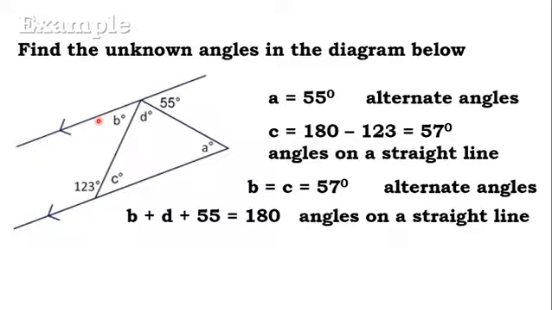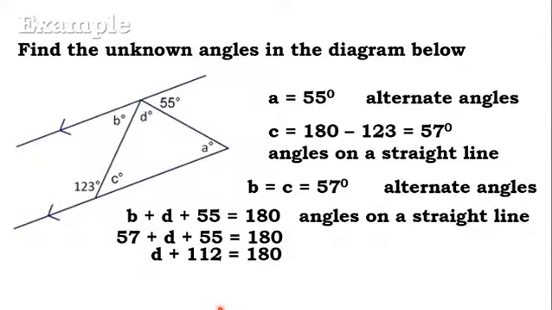So if you input values, you have 57 plus D plus 55 is equal to 180 degrees. It means if you add up the left hand side, you have D plus 112 degrees will be equal to 180 degrees. And then you move 112 degrees to the other side. So D equals 180 minus 112 degrees, and the value of D will be 68 degrees.